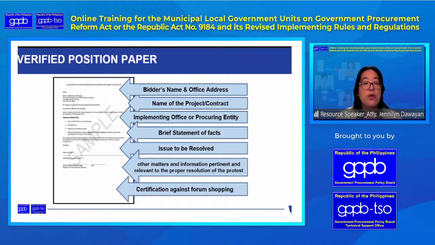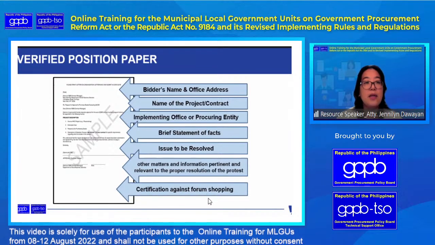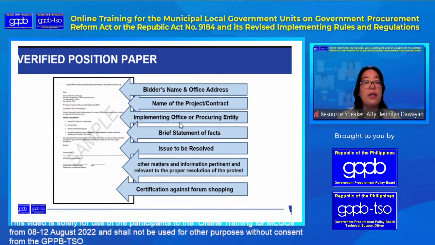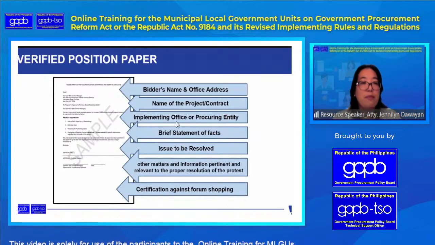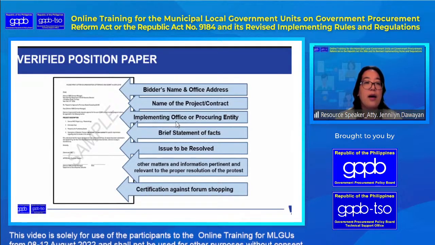So what are the issues to be resolved? Like, for example, the bidder believes that he has complied with the technical specifications, but then upon review by the BAC, hindi naman pala during the bidding. Or for example, during post-qualification, they insisted that based on the submission, dapat yun ay complied.